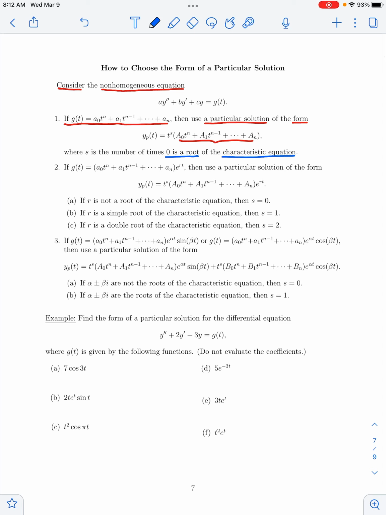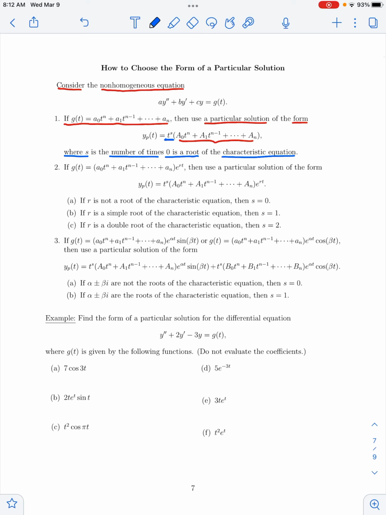And since a constant term already appears in our particular solution, we would have to multiply that initial guess by a factor of t. And in general, we would multiply by t raised to the s power, where s is the number of times that 0 was a root.